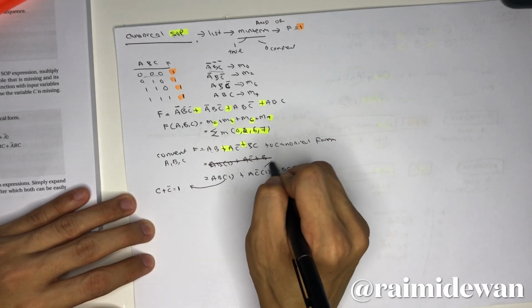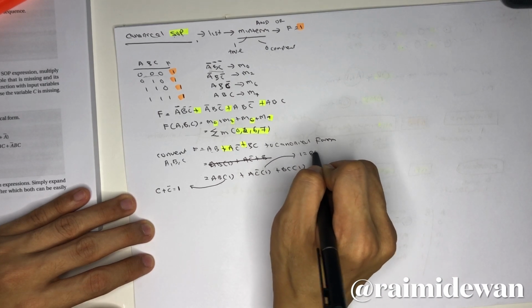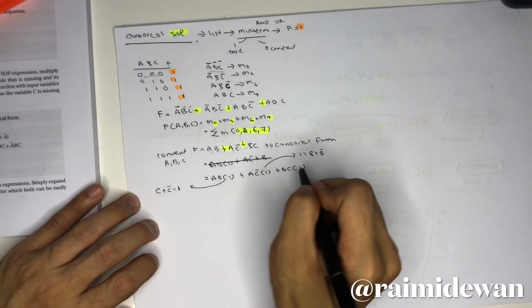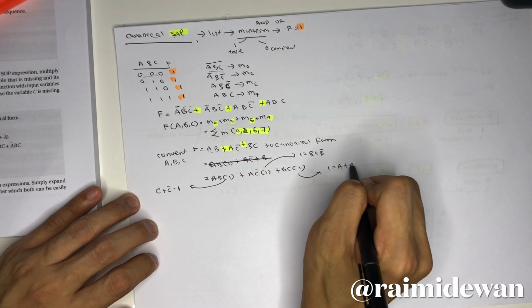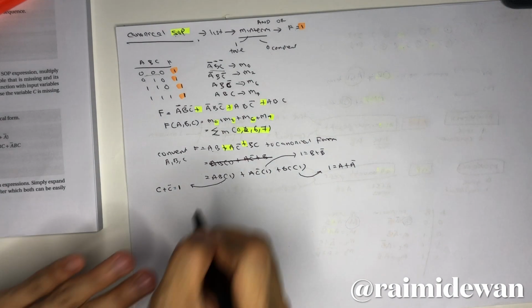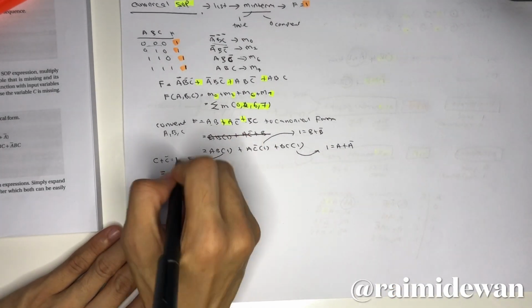How about this one? We will put B plus B bar. How about this one? We don't have the A term. So we have 1 equals A plus A bar. Okay, so it's simple. So now we introduce these, because each is 1.